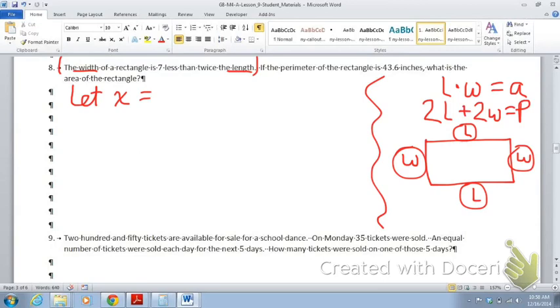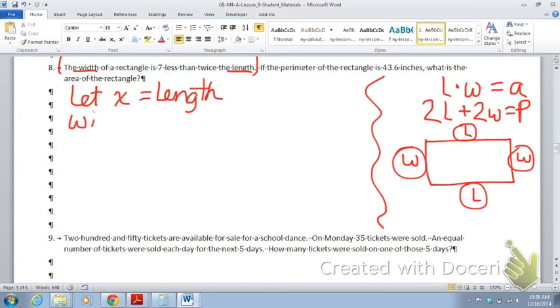You could let x be, and we only want one variable. So I don't want to say let x be the width and let y be the length, because that doesn't use all the information that I've been given. So I'm going to let x be the length, because it looks like I'm being told what to do to the length to get the width. So if x is the length of our rectangle, then what is the width?